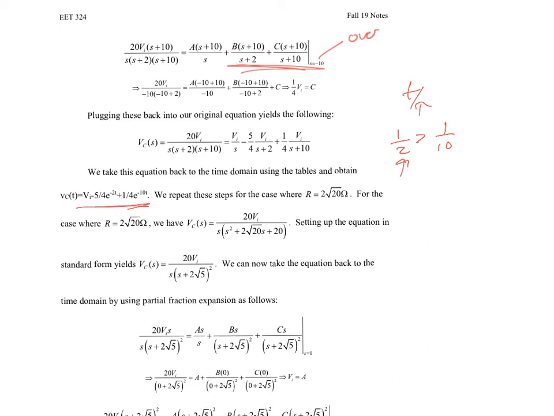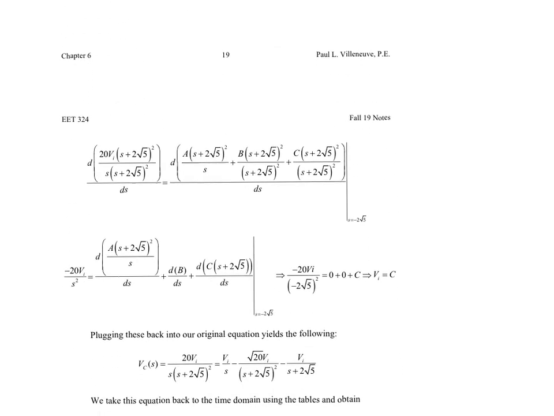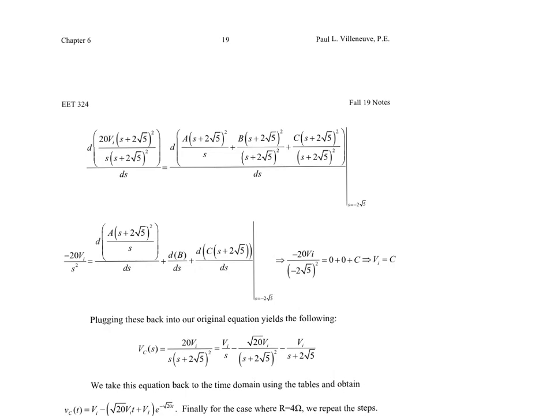Now let's do the other case where the number is awfully weird. 2 square root of 20, which probably already tells you that this is going to be critically damped. But if I look over here, I have two real and equal roots. When I do my math out, and I take the derivative just like we did for the exam, we end up with something that looks like this.